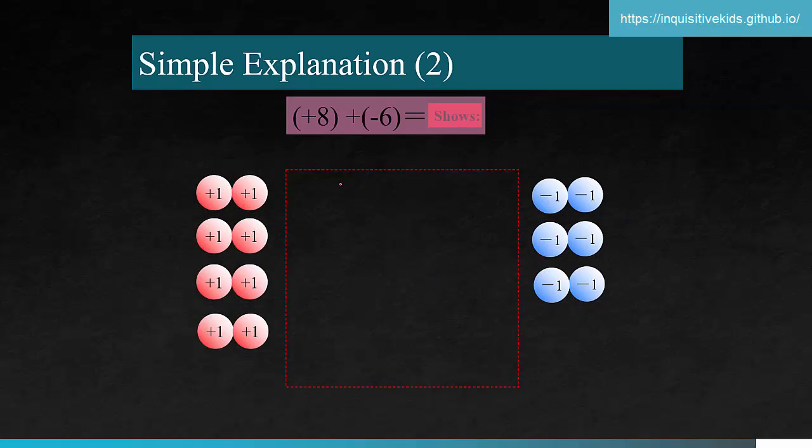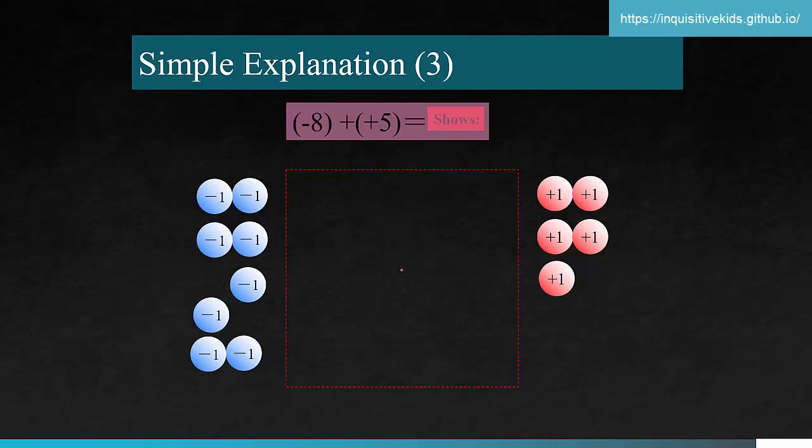Here we have positive 8 plus negative 6. So we have 6 here that cancel out with 6 from the positive 8. So now we have 2 left over, so that's the answer for this one. And here we have negative 8 plus positive 5.